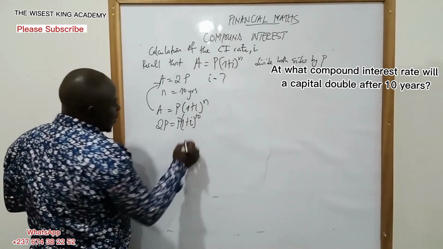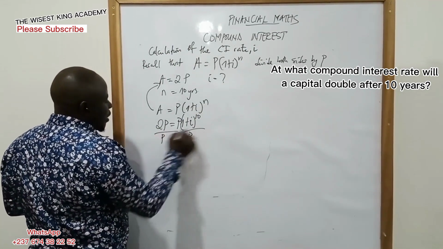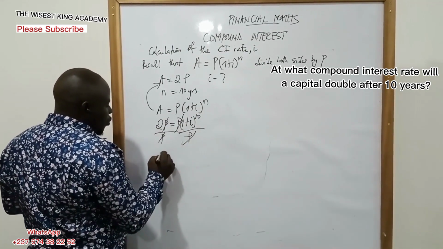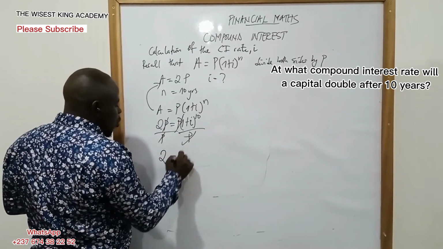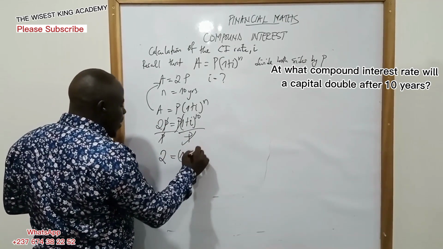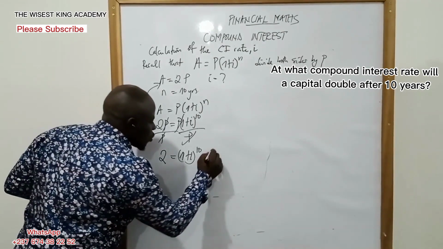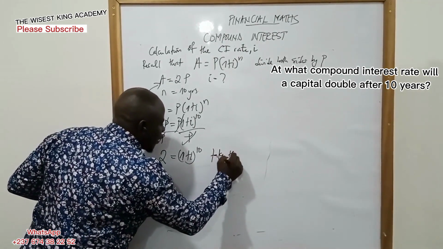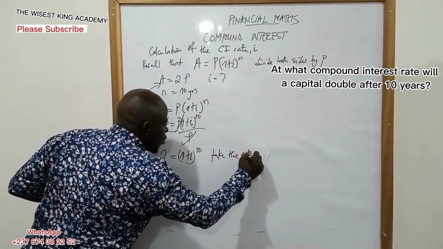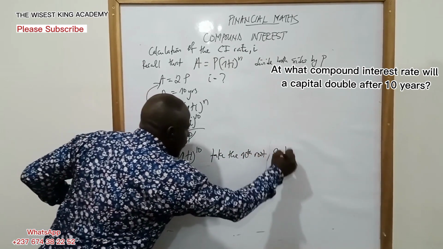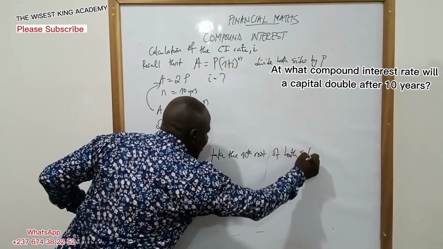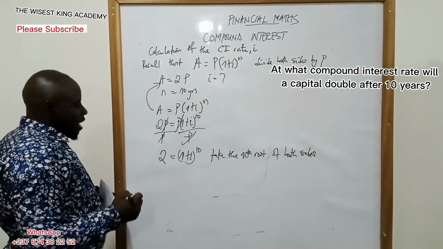P is common, so we divide both sides by P. So we are going to have 2 equals 1 plus I raised to the power 10. The opposite of power 10 is the 10th root. So we take the 10th root of both sides.